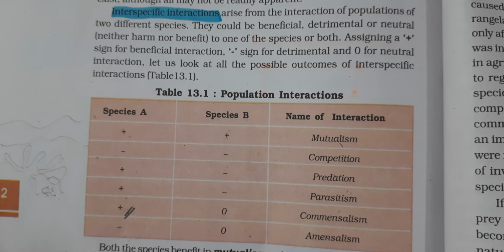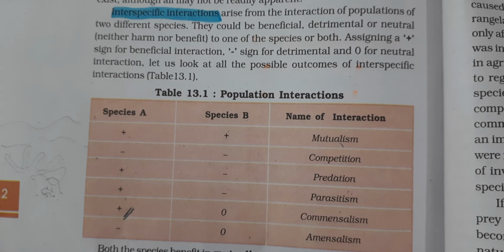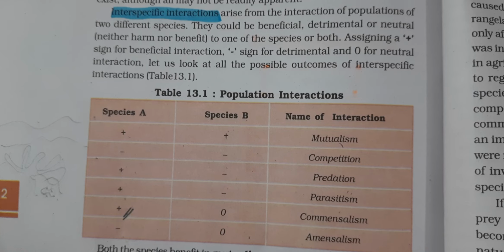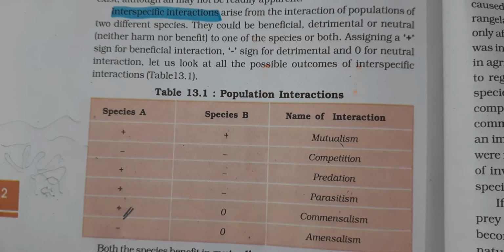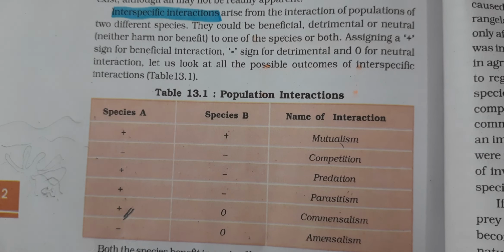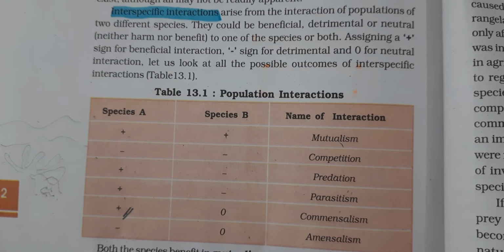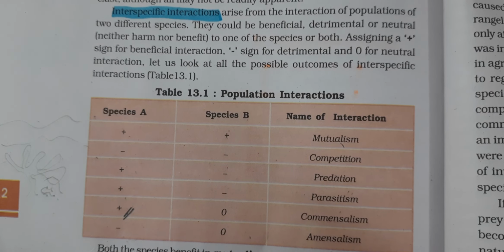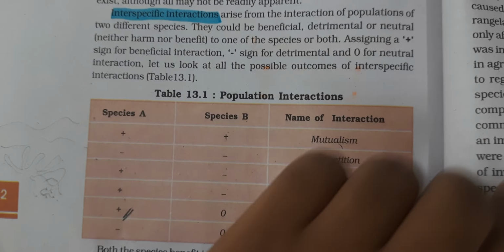Staphylococcus cannot grow in the presence of the mold Penicillium notatum, which produces some enzymes in the presence of which Staphylococcus cannot exist. There is no benefit for the mold, but Staphylococcus is still being affected. So that is one example of amensalism.